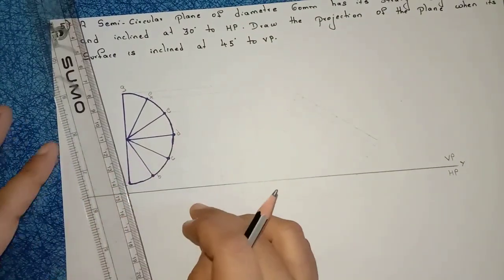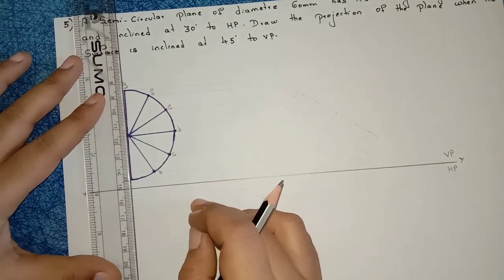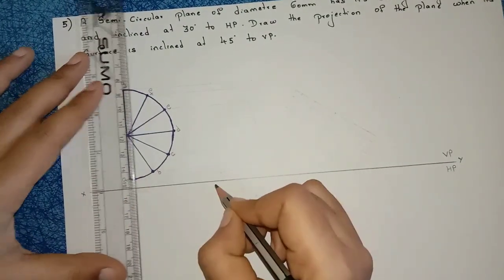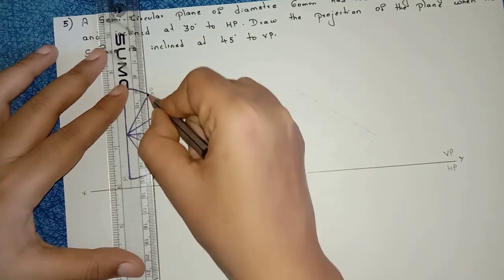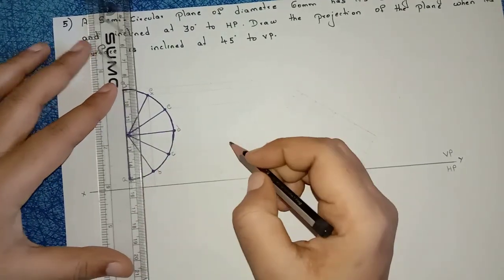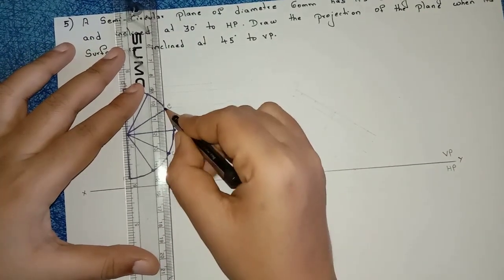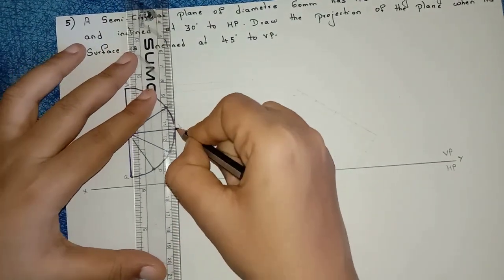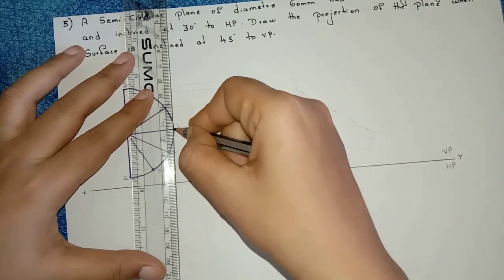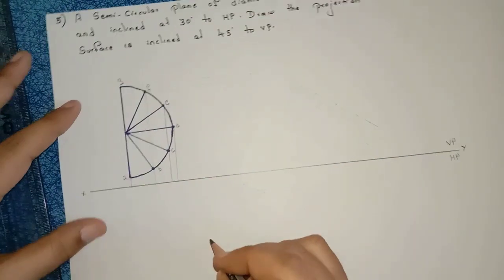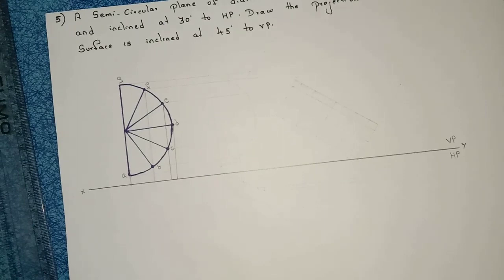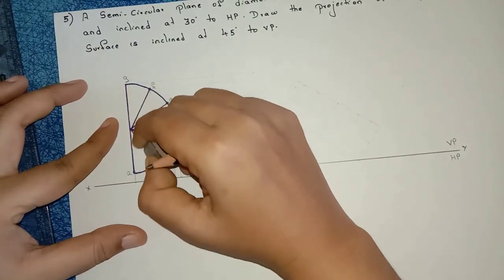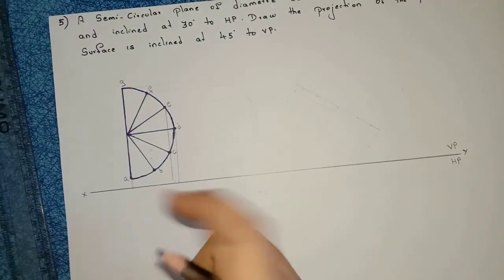Now from every corner of the semicircle, G and A, project the line till the reference line. F and B, project the line till the reference line. E and C, and next D, project the lines till the reference line.